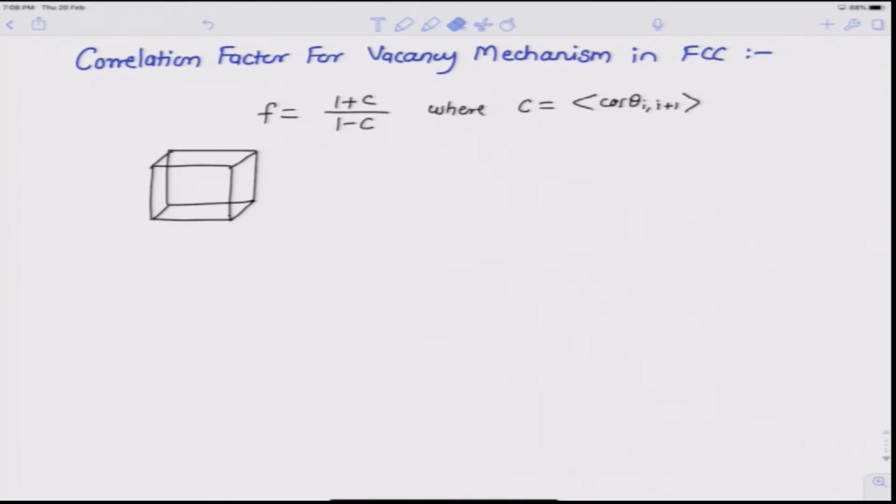So, let us consider the stacking of 100 plane of FCC. This is one plane, the other one we can draw here, and one on the right side of this we will have to extend it; we have to draw the second cube here.